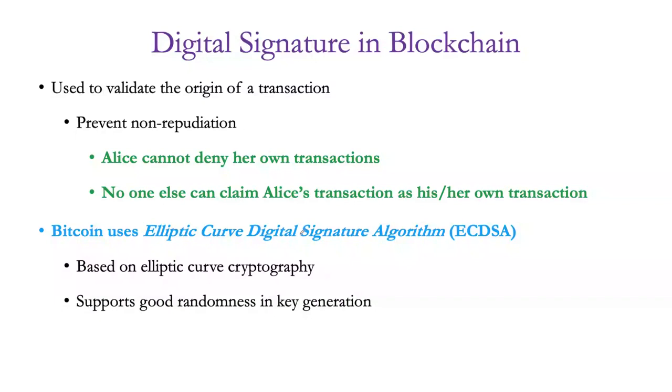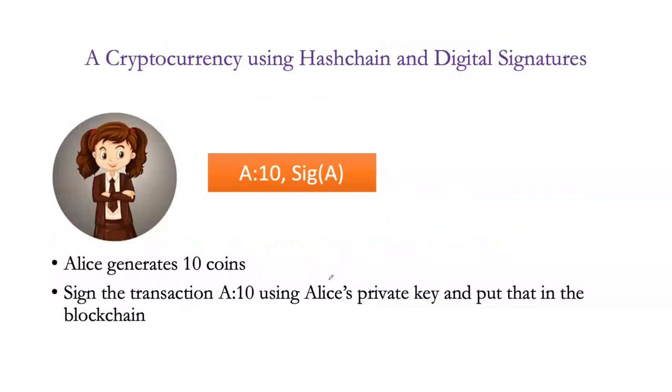In Bitcoin, to generate digital signatures, as we saw, there are the digital signature algorithm, the RSA algorithm, and the elliptic curve digital signature algorithm. Bitcoin uses the elliptic curve digital signature algorithm, which is based on elliptic curve cryptography and supports good randomness in key generation. We don't go deep into that.